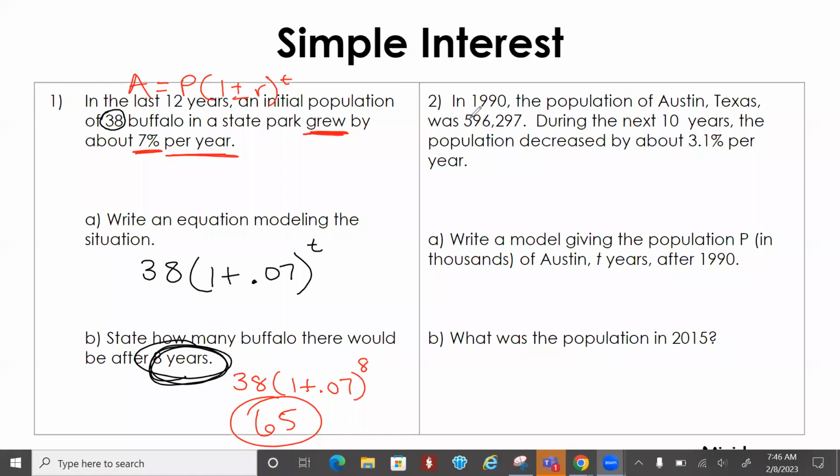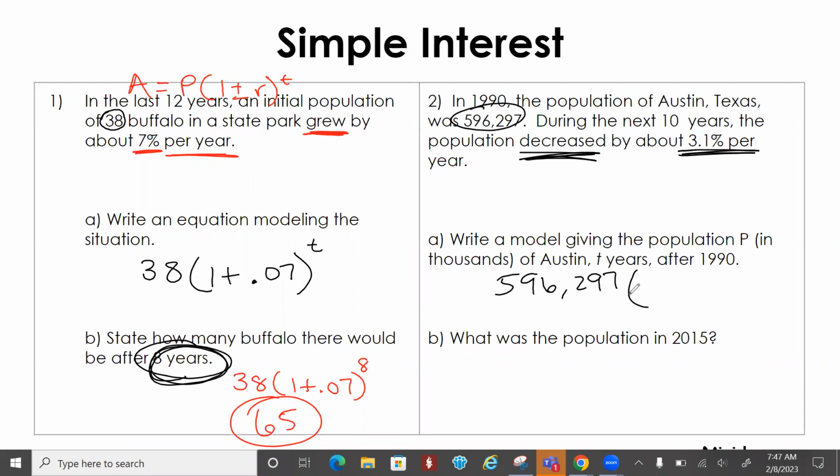It says in 1990, the population of Austin, Texas was about 596,297. During the next 10 years, the population decreased by about 3.1% per year. So what's my initial population right now? 596,297.